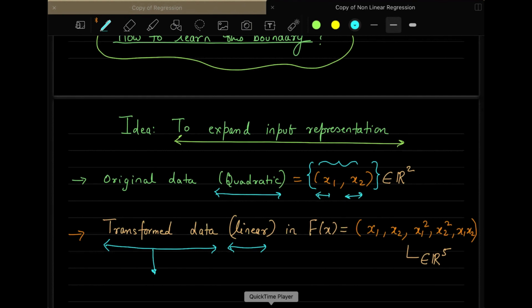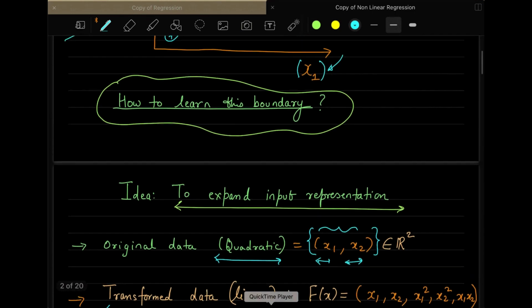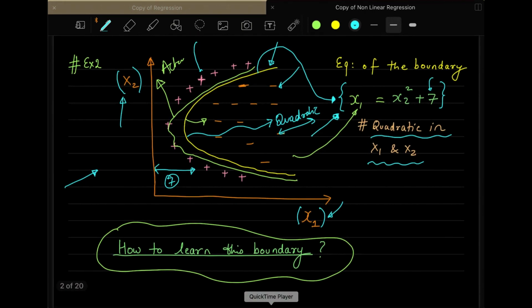So now for the new feature space, let us say I consider only quadratic terms. If quadratic expansion is done on the features, please note why we are doing quadratic expansions: because we see there are some quadratic terms. That's why we are coming up with all the versions of the quadratic terms for x1 and x2.